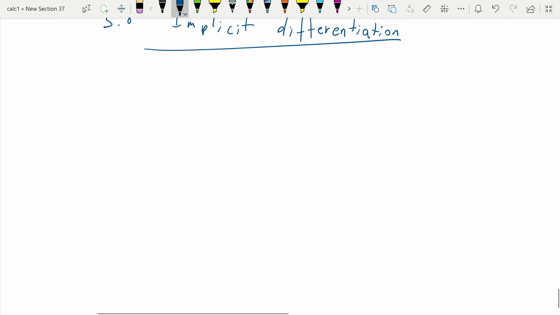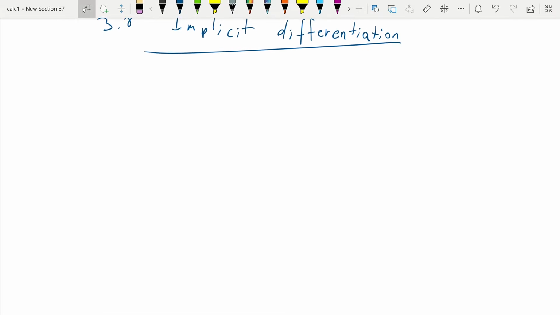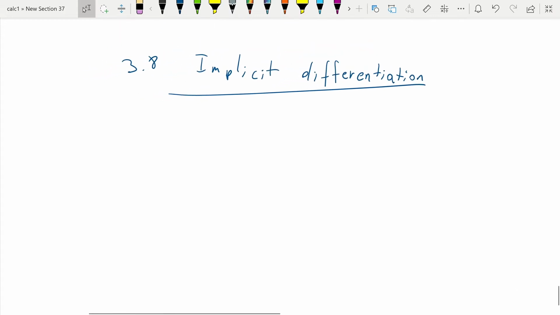The point of this section is to provide a technique for finding the derivative of a function when it is only defined in an implicit way.